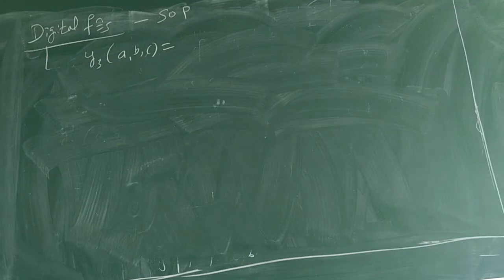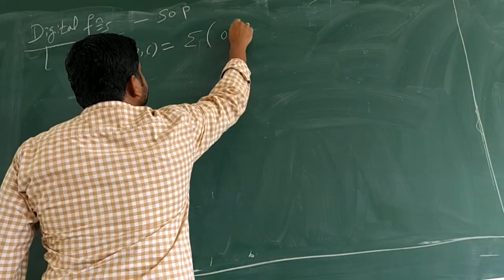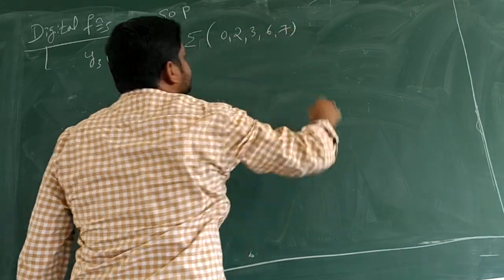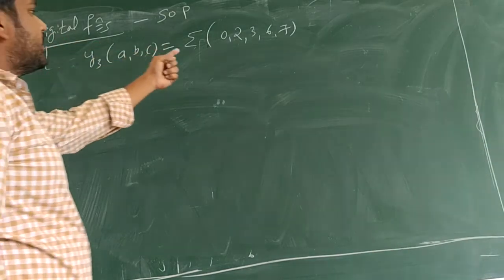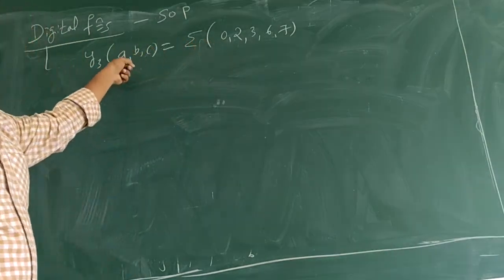Y3 is a function of 3 variables A, B and C. Okay. And it is summation for 0, 2, 3, 6 and 7. Try to write the function in terms of variables.